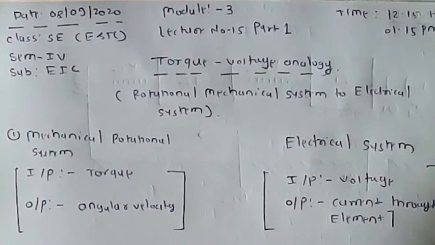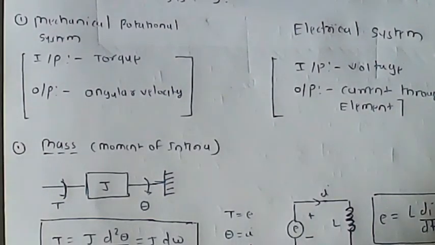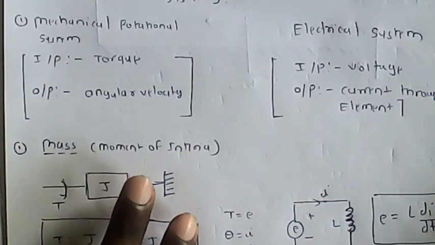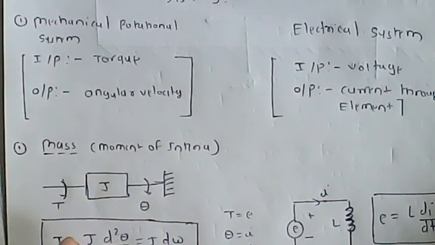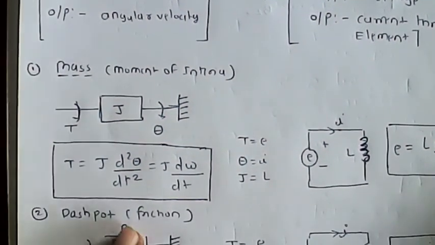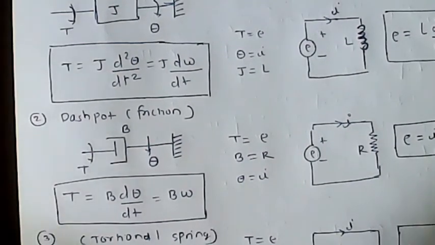So in the previous lecture we saw there are three basic elements in any mechanical system. In a rotational mechanical system, these three basic elements are: first, the mass, which is nothing but the moment of inertia, second, a dashpot, and third, a torsional spring.